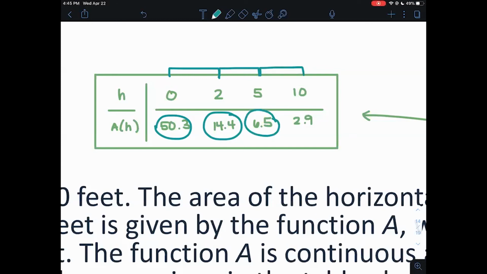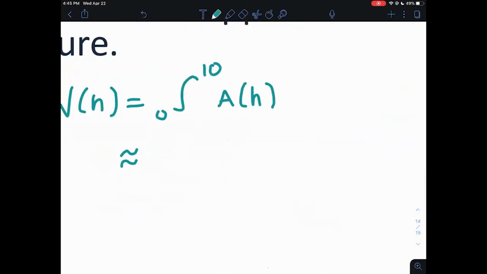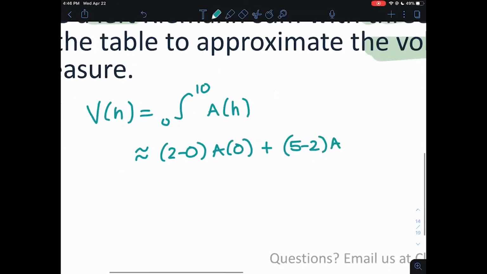These intervals are not equal. That's okay. This is what we're given. This is what we have to work with. So that gives us this approximation right here. We know that the width of my first interval will be 2 minus 0, and then I want a of 0. My second interval will have a width of 5 minus 2, and I want a of 2.